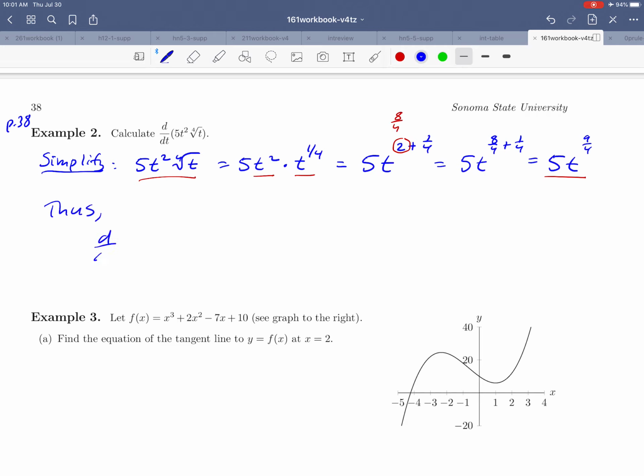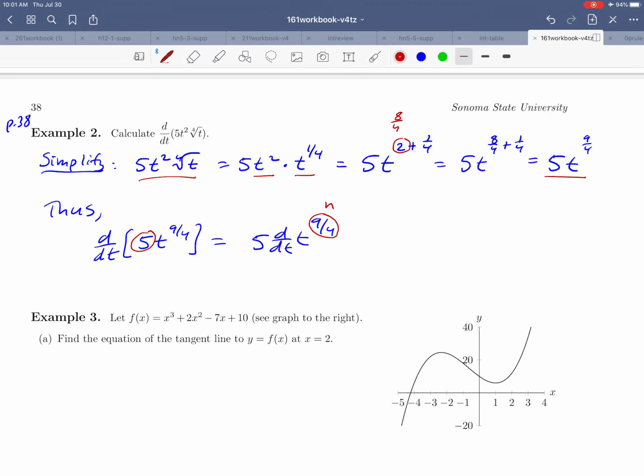So the derivative that we're looking for is now the derivative of 5t to the 9/4. This 5 is a constant, so we can pull it outside of the derivative. And what's left to take the derivative of is just the t to the 9/4 part. Notice that this is t raised to a constant power, so we're going to be using the power rule here.